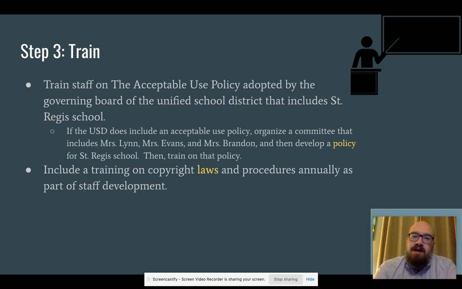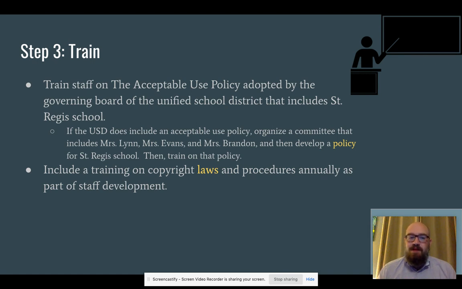Finally, there needs to be some training. If the unified school district that St. Regis School belongs to has an acceptable use policy, we want to train the staff on that policy. However, given the fact that there might not be one, it would be wise to develop one for St. Regis School. And my thought would be to organize a committee, including the administrator and some of the people who have shown that they are invested in this process.